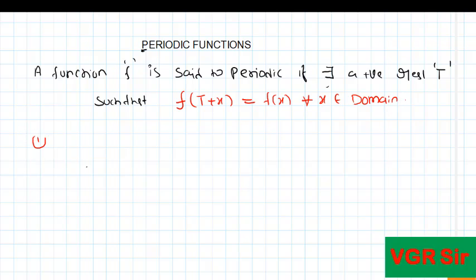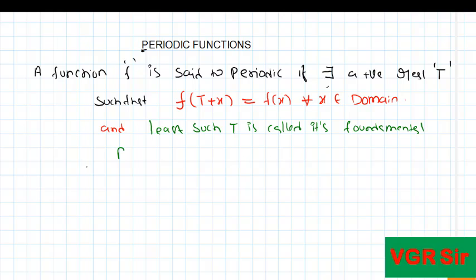Again I want to write one more thing here. And the least such t is called the fundamental period. This definition is important. Just now I explained the cos function is a periodic function with period 2 pi.